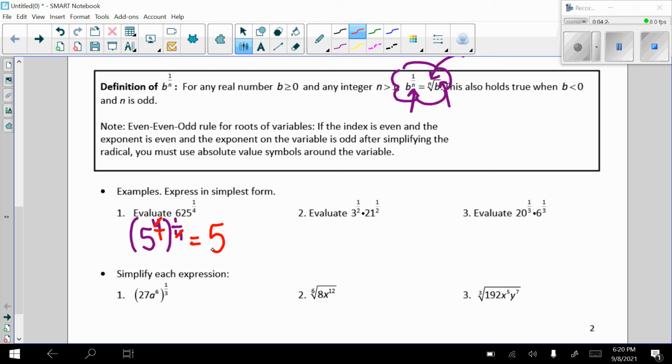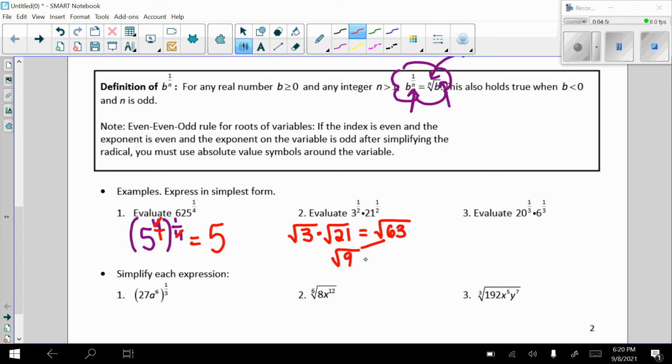Okay, so think about that. Let's move on to the next one. We have 3 to the 1/2 times 21 to the 1/2. So I would probably turn these into the square root of 3 times the square root of 21, which is the square root of 63. Now, what is the largest perfect square that goes into 63?